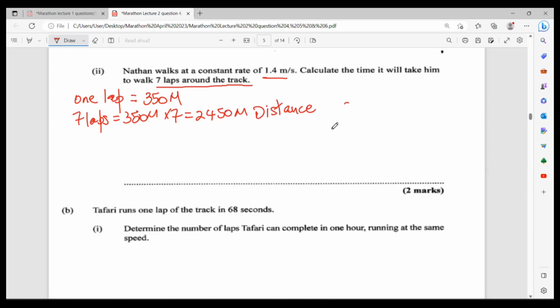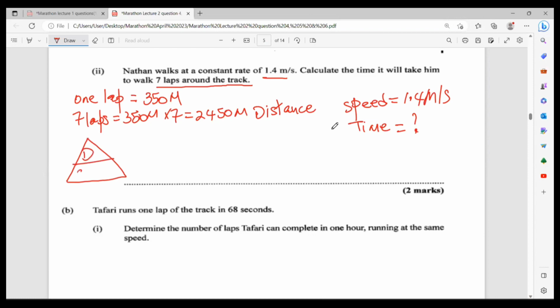And he's walking at a certain speed, 1.4 meters for every second. Tell me if you don't agree. That is why the question asks you to work out what? Calculate the time. That's why they said, can you find the time it is going to take to do that? So there's a direct relationship between distance, speed, and time.